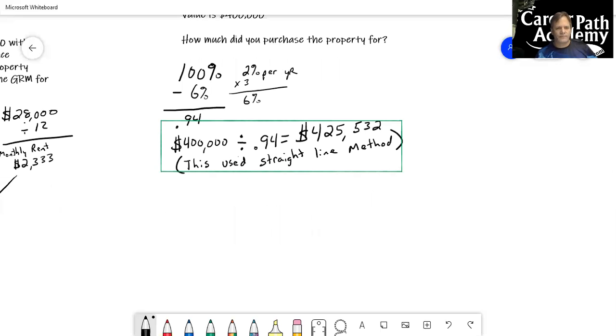Now, below, use compound method. We only do this if the question, not the problem, if the question asks us to use this compound method.